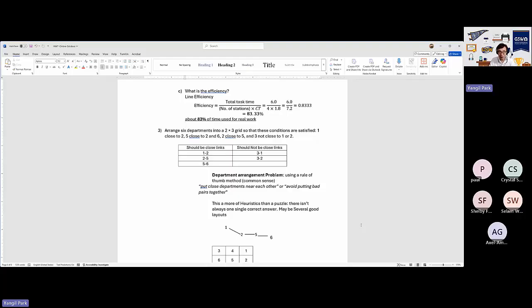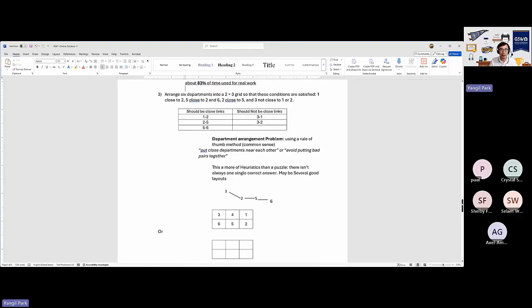You have to try and see what happens, like trial and error. Some people say it's like a puzzle, but it's not, because most of the time a puzzle has the correct answer, but heuristics problems can have multiple answers. So that's the difference between heuristics and puzzles, I believe.